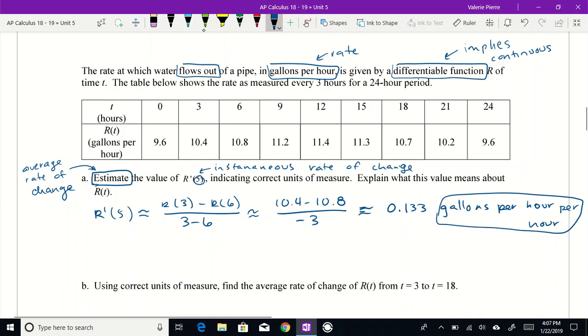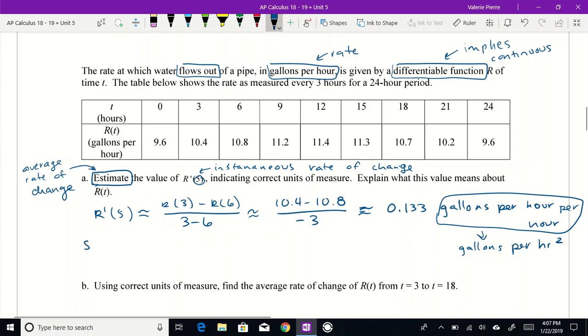Right? So because our units are gallons per hour already, and we're taking the rate of that rate, we have gallons per hour, which we can rewrite as just gallons per hour squared.